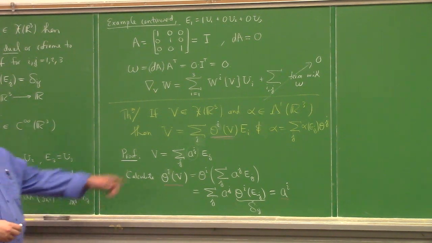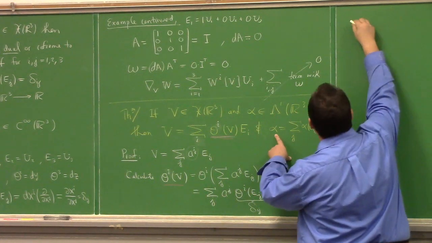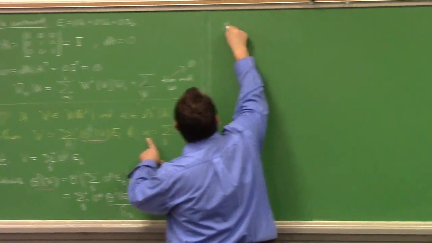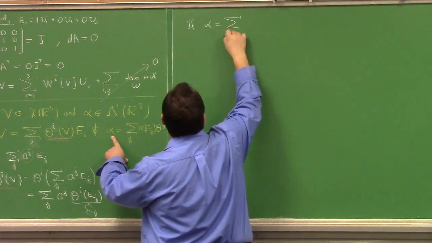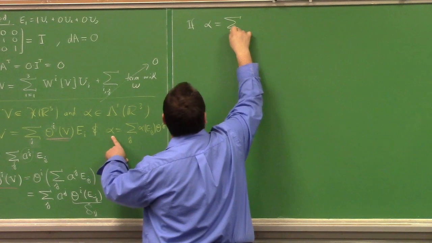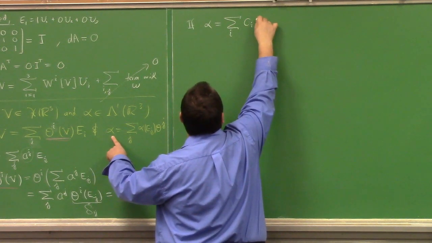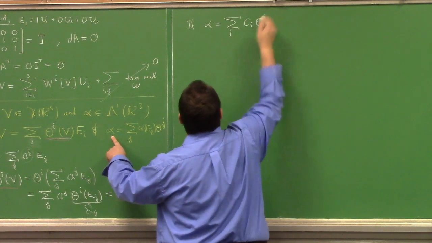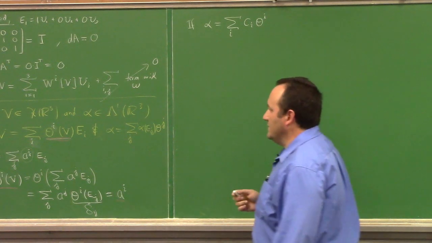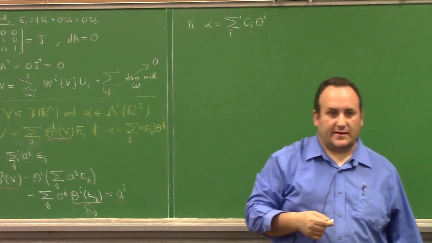How about the other half of the theorem, alpha? Continuing the proof, let's say alpha is equal to the sum over i of c lower i theta upper i. I can do that because you can prove that a coframe is a frame. I won't do that here, but you can prove that.